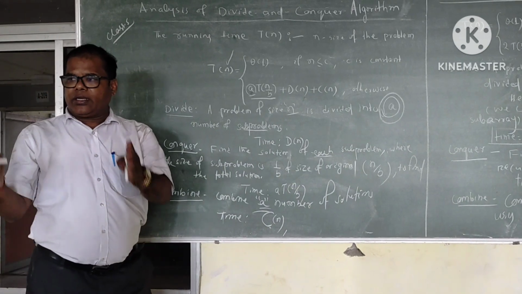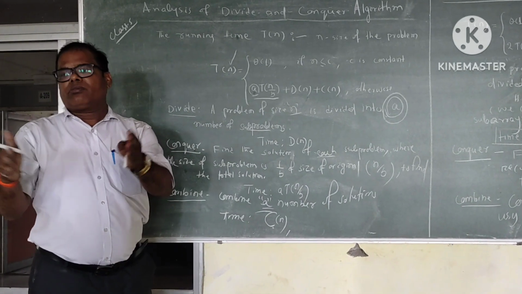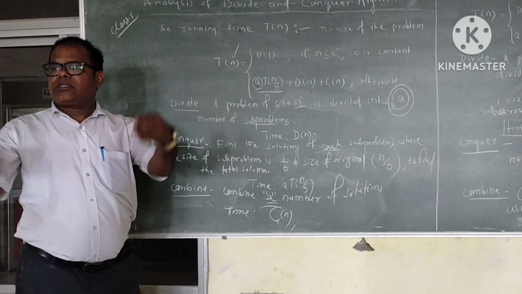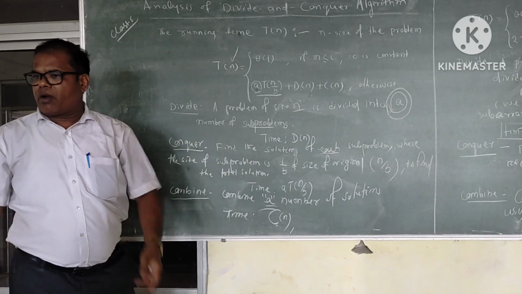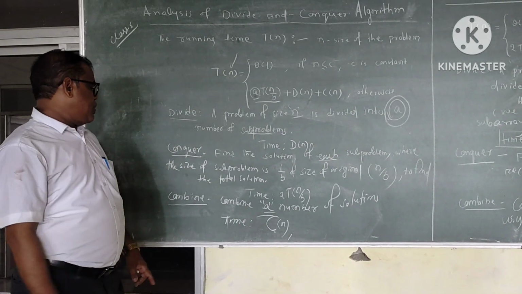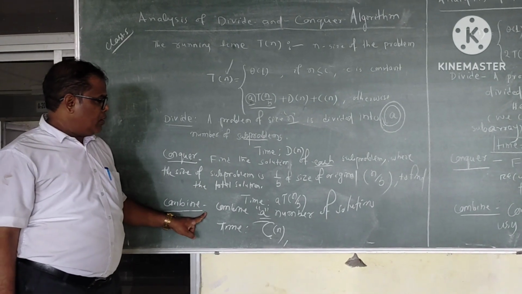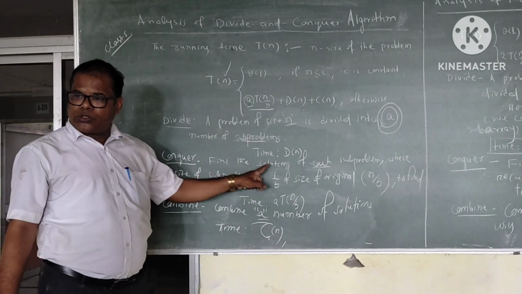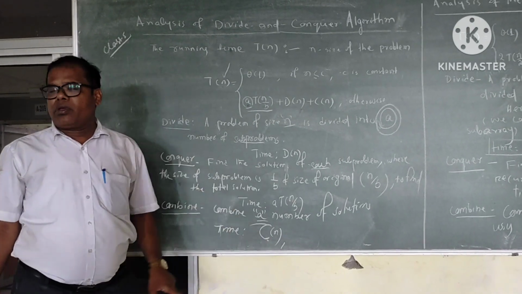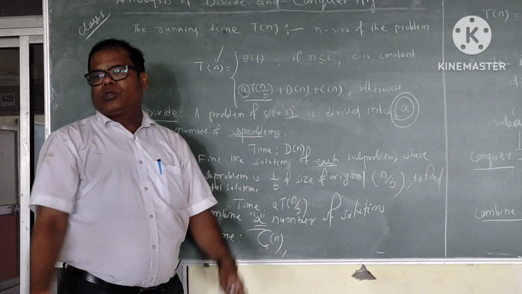We are not only focusing on merge sort; we may apply this divide and conquer approach to other problems. Now we come to another part of divide and conquer, called combine. Once we find the solutions of each subproblem, we have to merge these solutions.